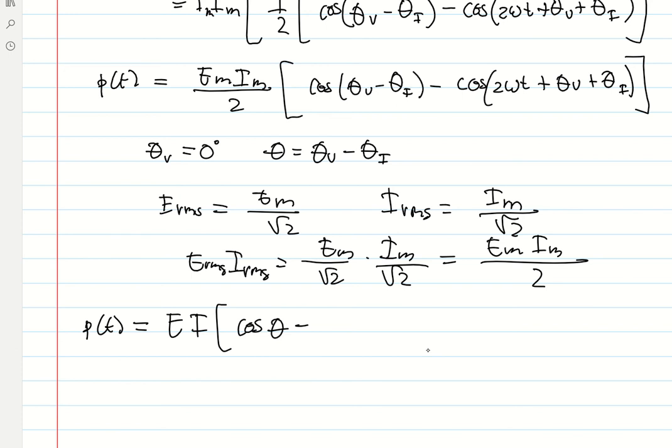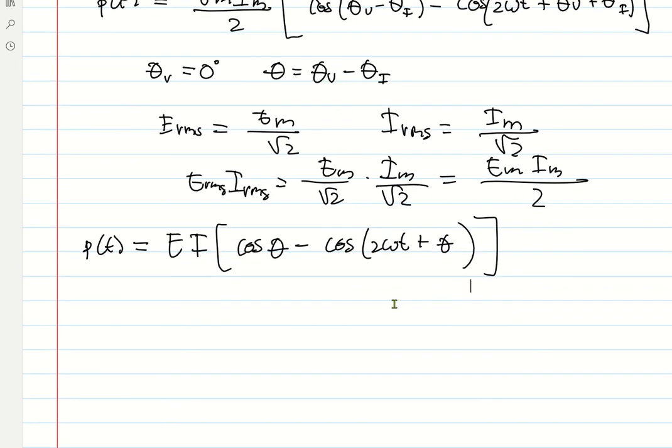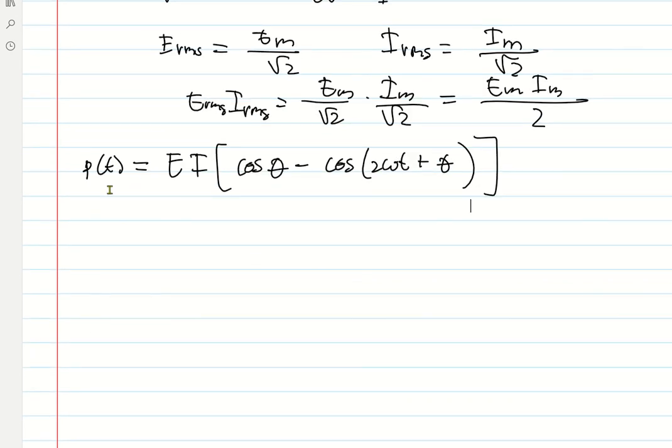Then minus cosine of 2 omega t plus theta v plus theta I, or just simply plus theta here. And this will be the general equation for the instantaneous power.